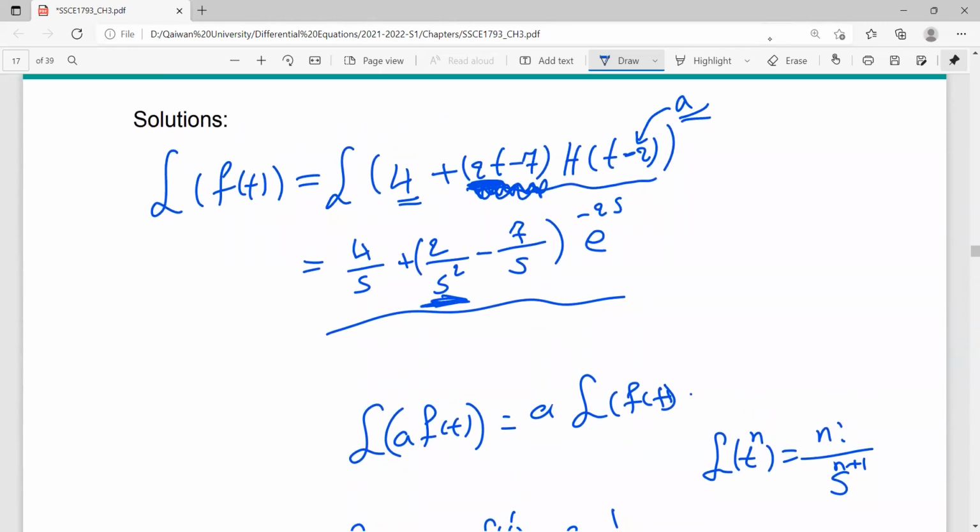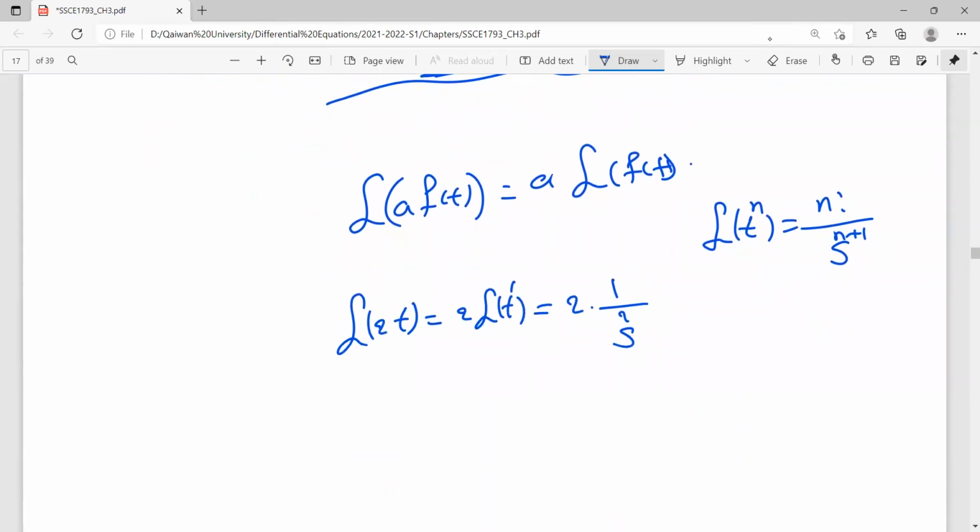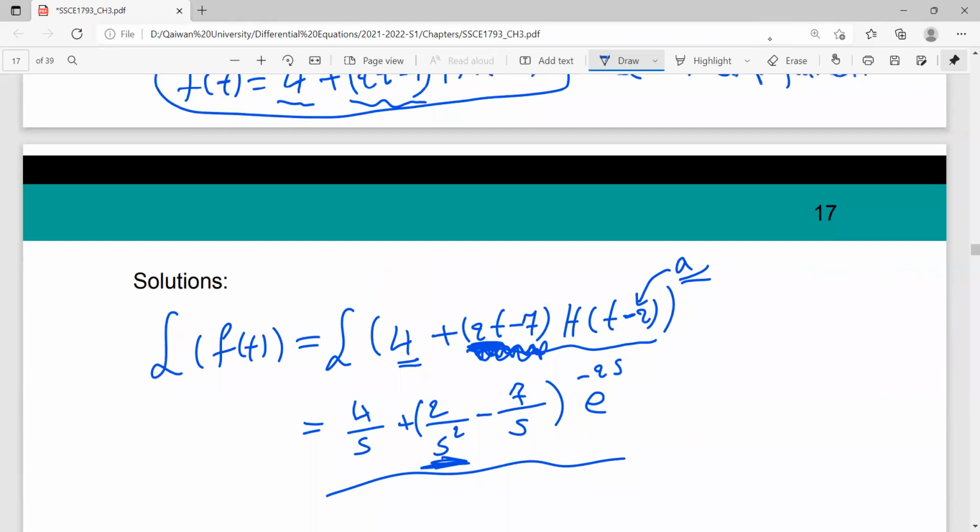That's it. And here you have minus 7. Minus 7 is a constant. We say the Laplace transform of a constant a is a over s. It's minus 7, so it's minus 7 over s. Okay. And this part is multiplied by this unit step function. That's why we should multiply it by e to the power minus 2s.